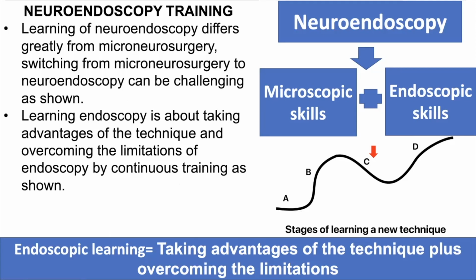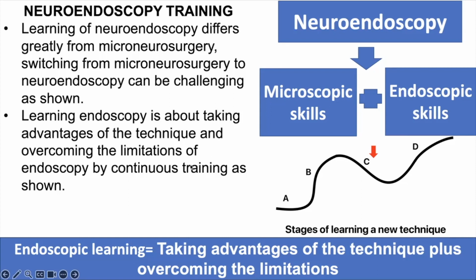There are three stages of learning in this. A is the idea of learning the technique. B is the stage of increased enthusiasm because of the advantage of the technique, and C is the decreased enthusiasm because of the limitations of the technique. Most of the colleagues leave this technique at this stage because of the limitations and because of the complications which occur in endoscopic surgery.